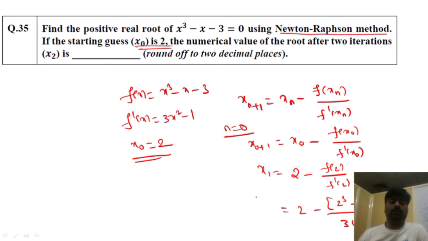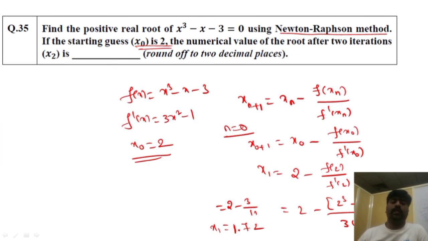So this will be 2 minus 3/(3 fours are 12, minus 1, 11), 3/11. 2 minus 3/11, I can calculate using a calculator. This gives 1.72. So this is my x1.